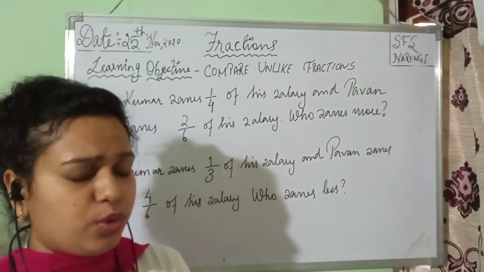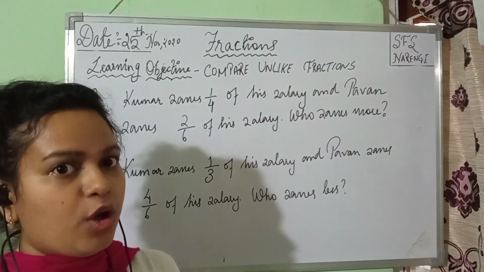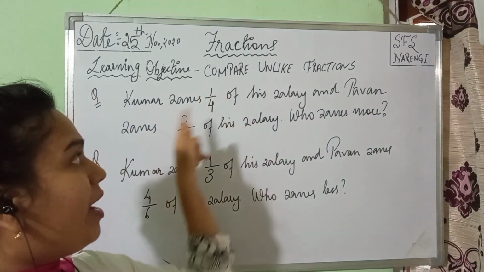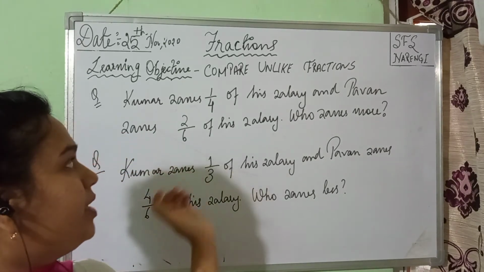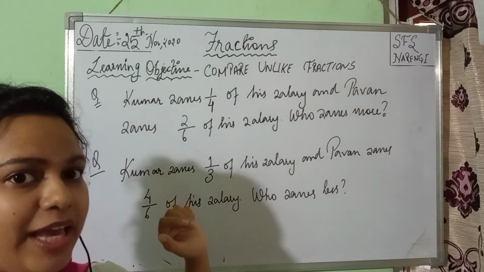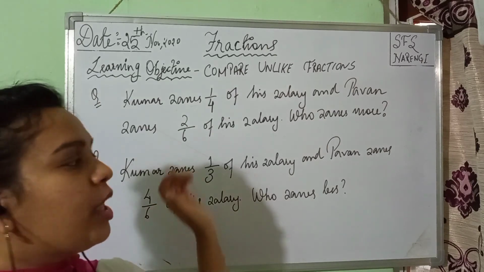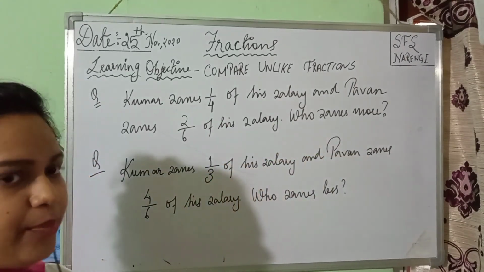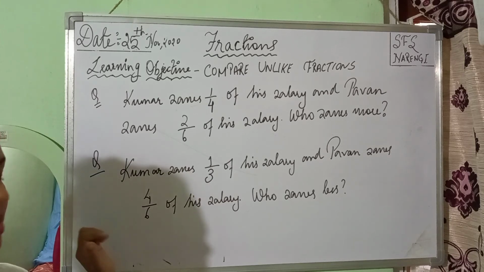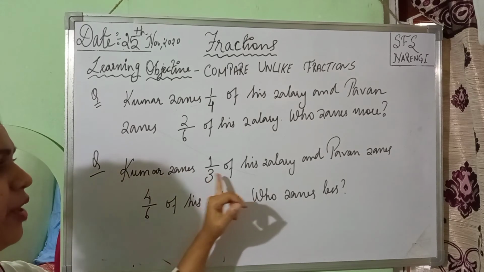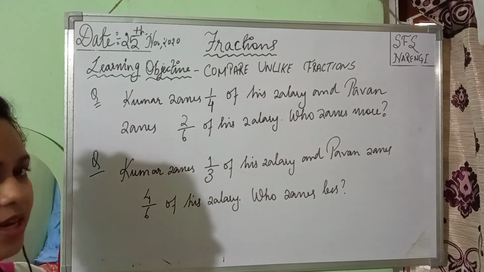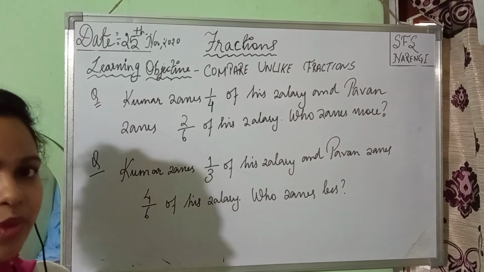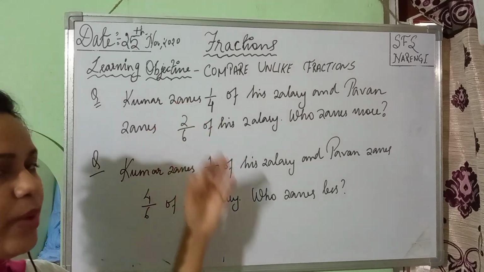And I want to know who saves more. What will you do? These are 2 unlike fractions, right? You will use the method that we have learned today to convert this into like fractions and then tell me who saves more, okay? The second question is the same. Kumar saves 1/3 of his salary and Pawan saves 4 by 6 of his salary. Who saves less? Okay.